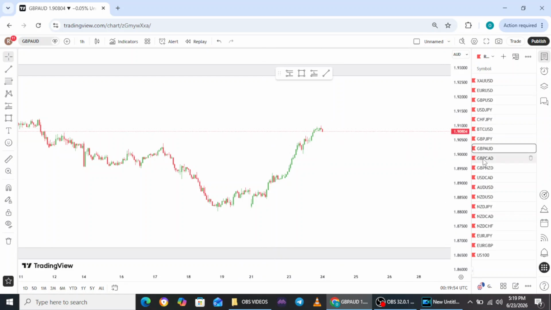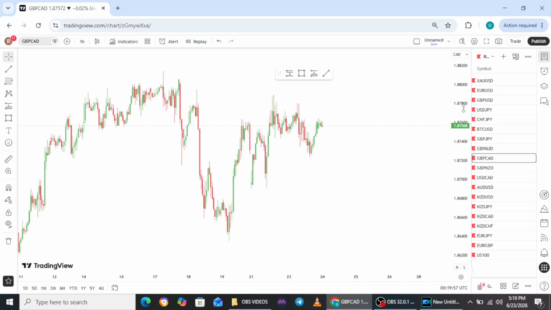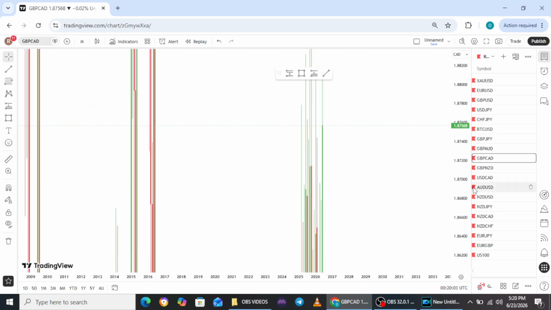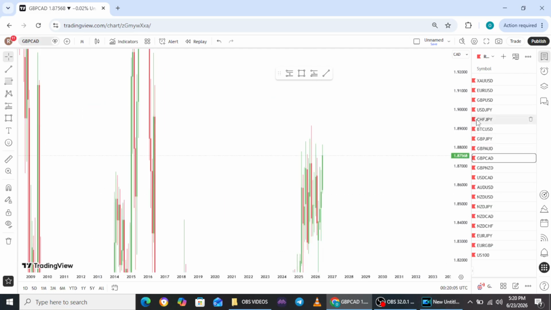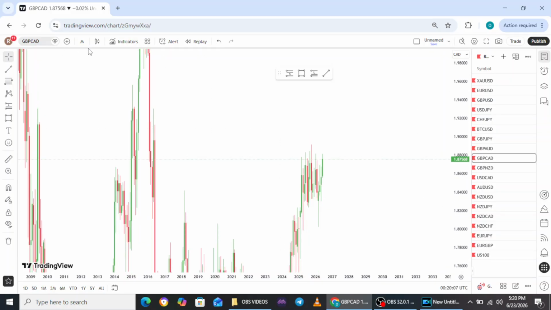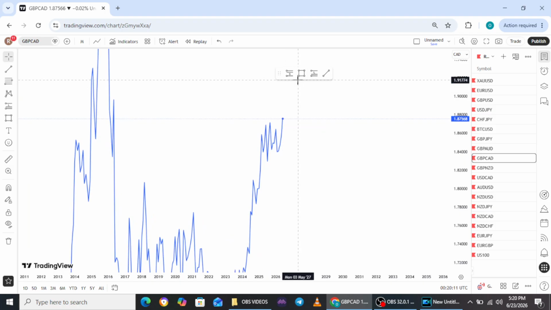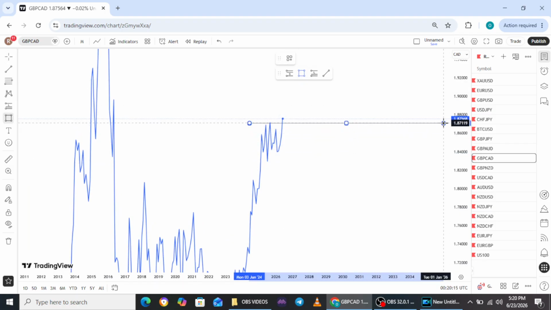Let's look at GBPCAD very fast. Now the same formula applies. You go to your monthly time frame, you go to your line chart, so that you can see the structure clearly. Then you draw your structure.